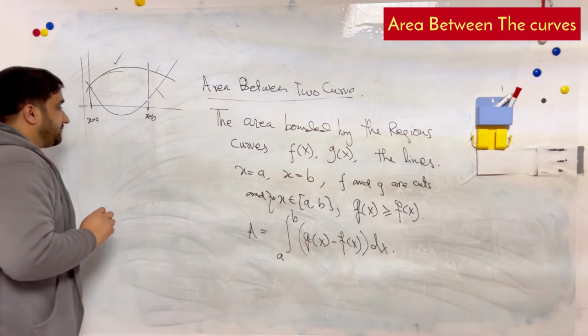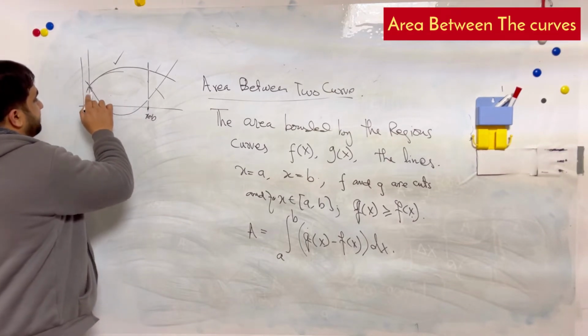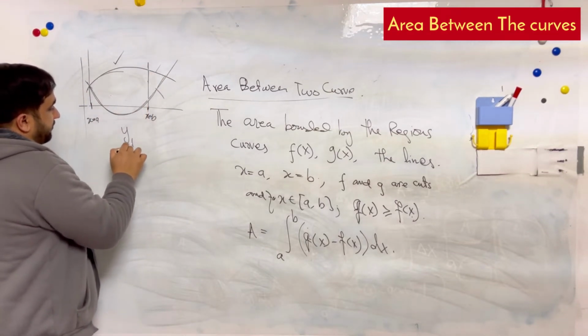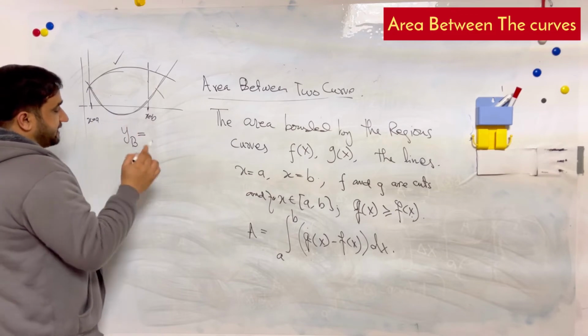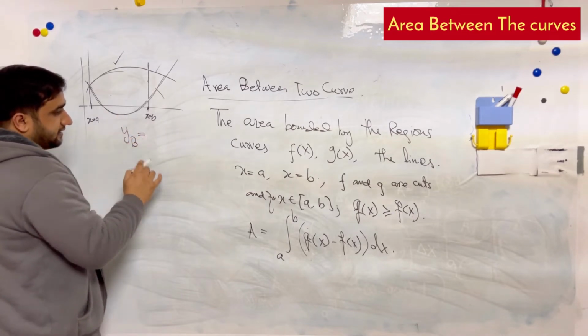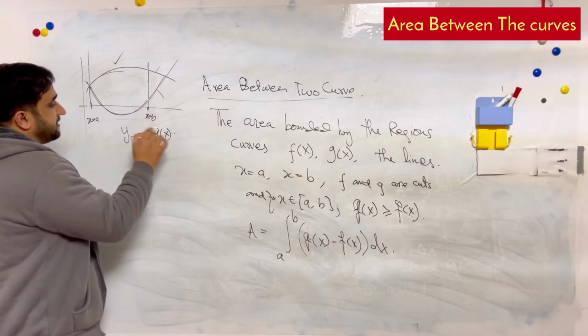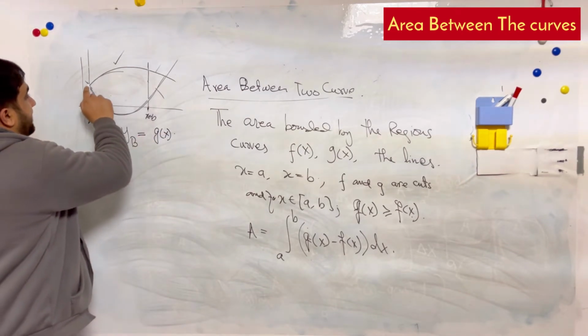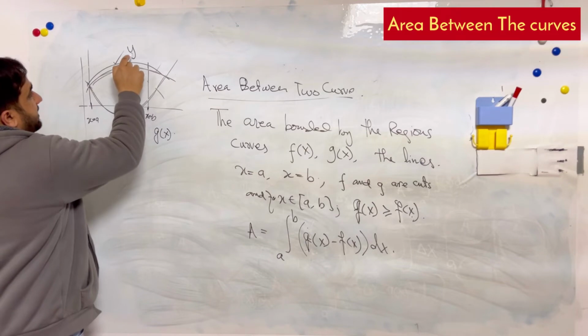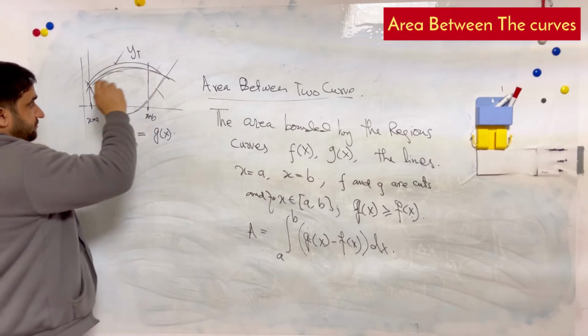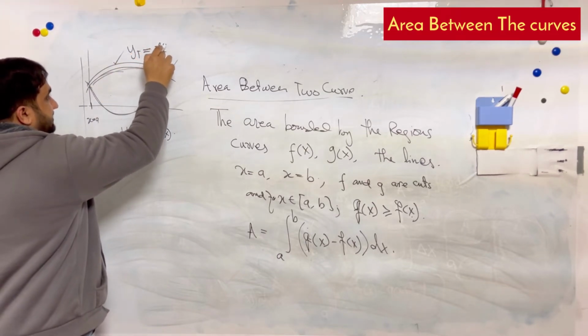Sometimes we call the bottom line yb. So yb simply means the lower function, and in this case we are naming it g of x. Similarly, the line coming from above is named y top, and y top means f of x.